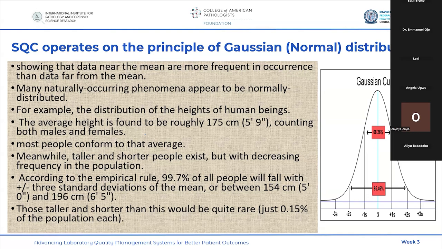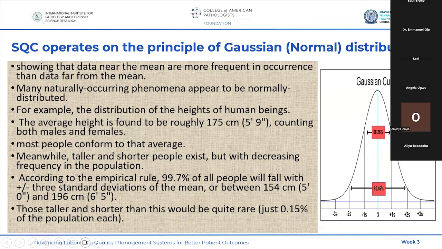These other taller and shorter people will fall outside this, and that is just 0.15% on either side of the mean, as we can see on this side. So we'll see that most people will fall within this, and then you can see the rest on that other end. So that is actually the principle.